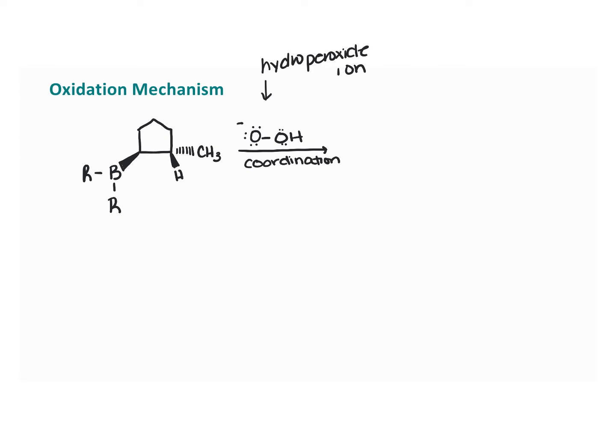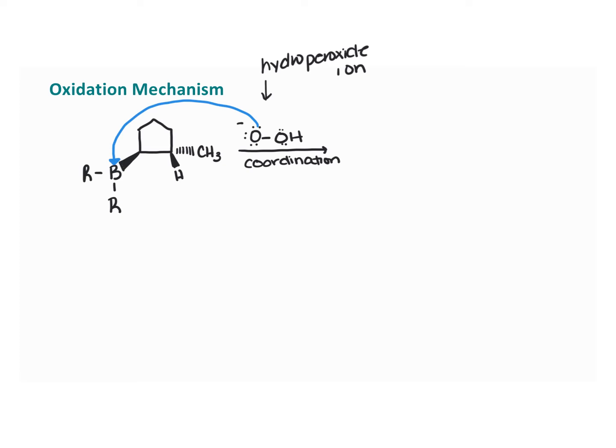The mechanism begins with the coordination of this hydroperoxide ion to the electron deficient boron atom. So again, boron here is lacking an octet, it's electron deficient. This hydroperoxide ion's got a negative charge on it, so that leads us to believe it's electron rich. So we're going from electron rich to electron deficient here.